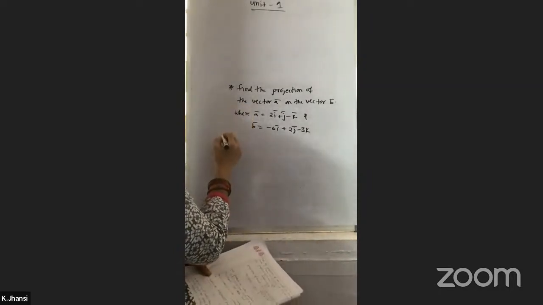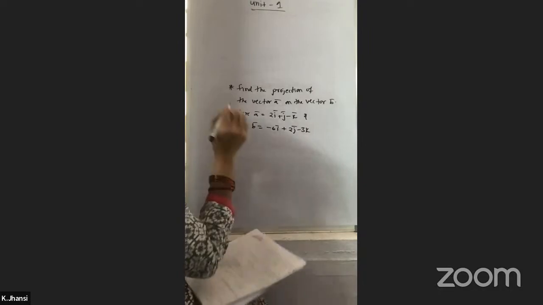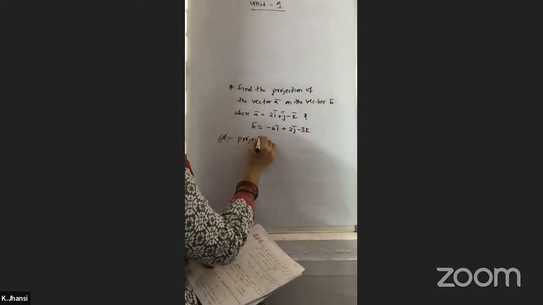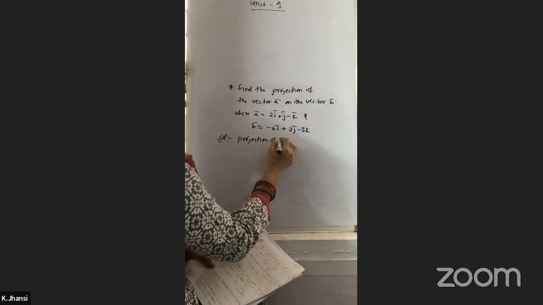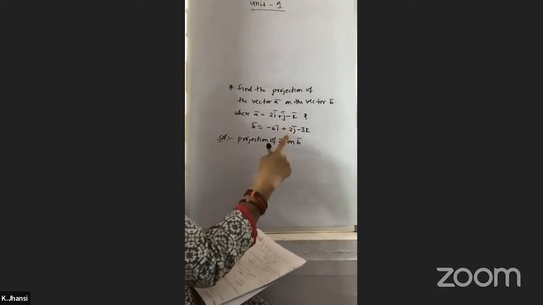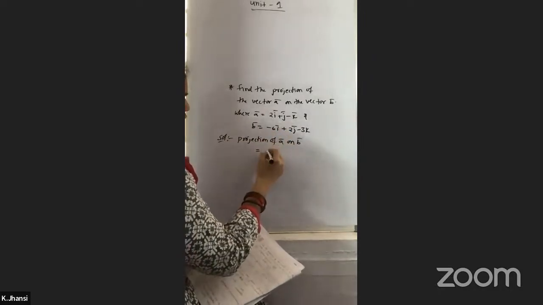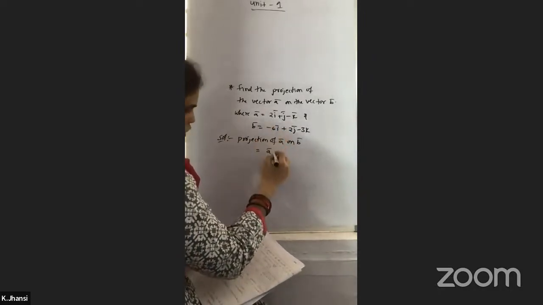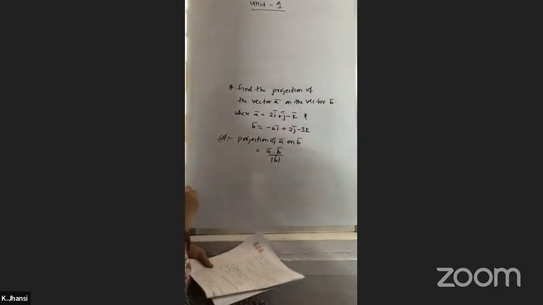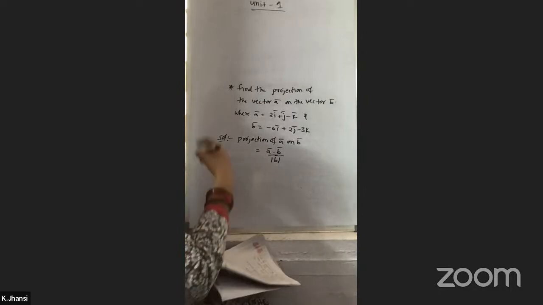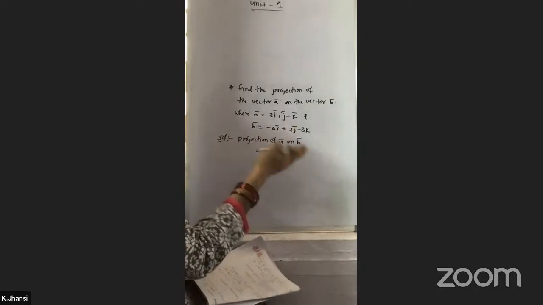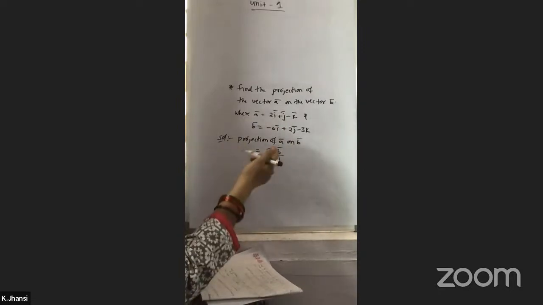For that, the formula is: the projection of vector A on B is equal to vector A dot vector B by modulus of vector B. So two types will be there: one is projection of A on B, and the second one is projection of B on A.